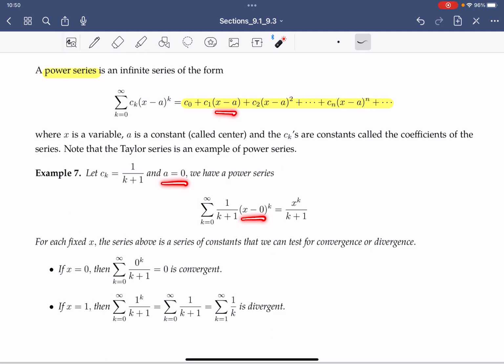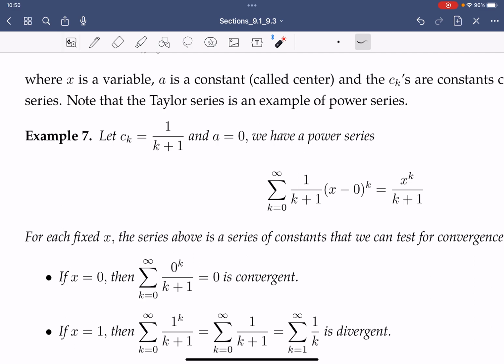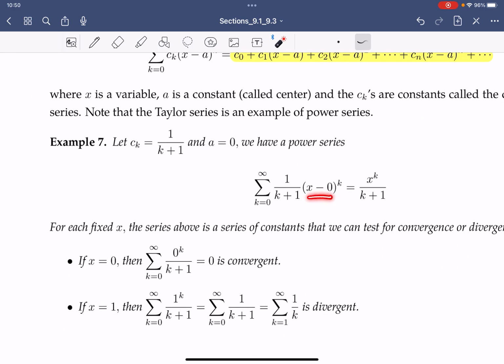The running index k starts from 0 to infinity, and the coefficient is 1 over k plus 1. This is the power series.